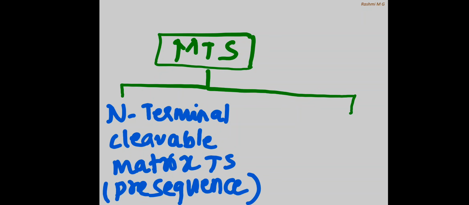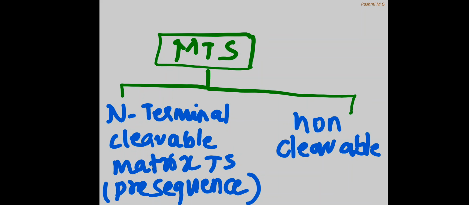So the first type of MTS is N-terminal cleavable matrix targeting sequence, that is pre-sequence. And the other one is non-cleavable internal targeting sequence. So how many are there? Two types of mitochondrial targeting signal sequence, that is N-terminal cleavable matrix targeting sequence and non-cleavable internal targeting sequence.